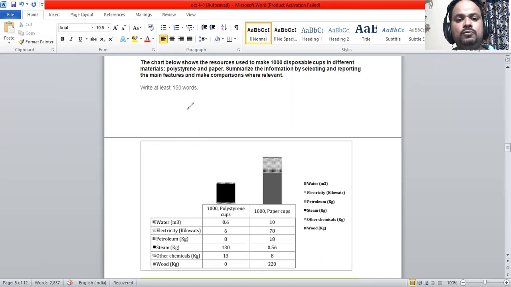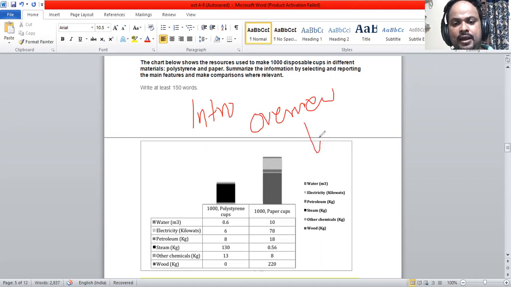Before we go, we should say that we have to go for an introduction, a clear-cut overview, and body paragraphs. So let's frame the introduction, overview, and body paragraph in our mind, and then we go for the solution.